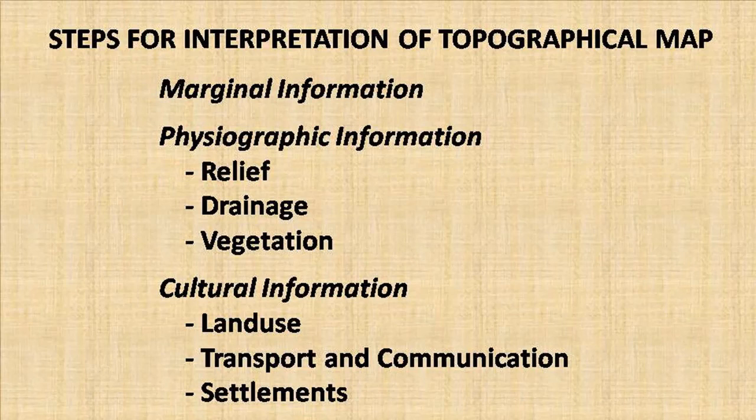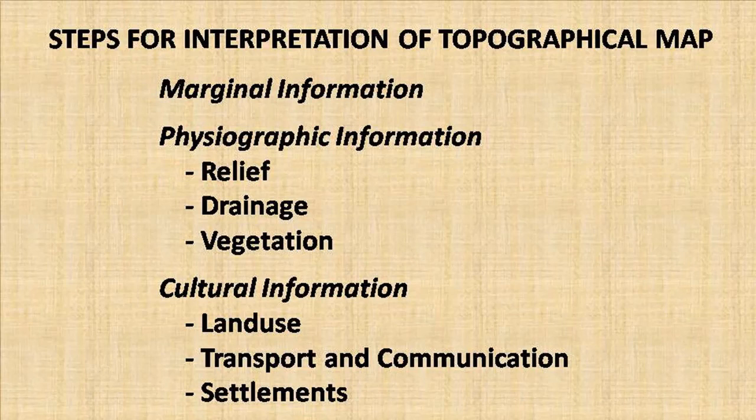So the first step at the time of interpretation is to study the marginal information of the topographical map. Then we will start gathering the information about the physical features.